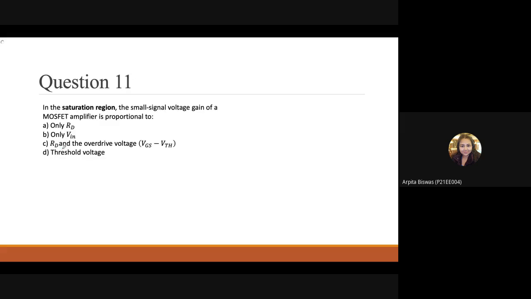This is the question number 11. In the saturation region, the small signal voltage gain of a MOSFET amplifier is proportional to only RD, only Vin, RD and overdrive voltage VGS minus VTH, or option D, threshold voltage.